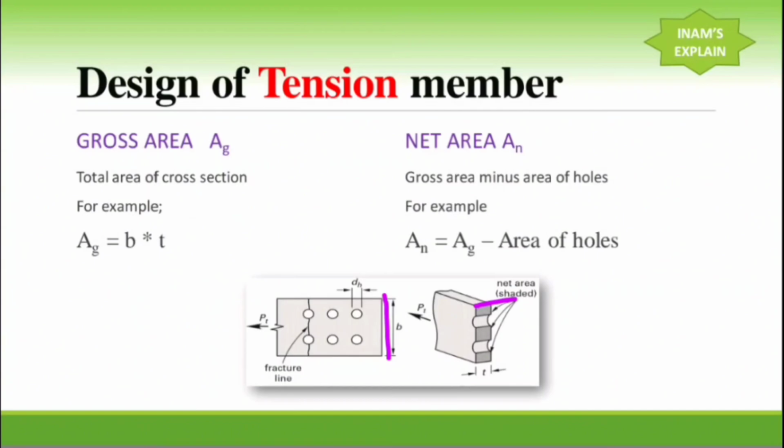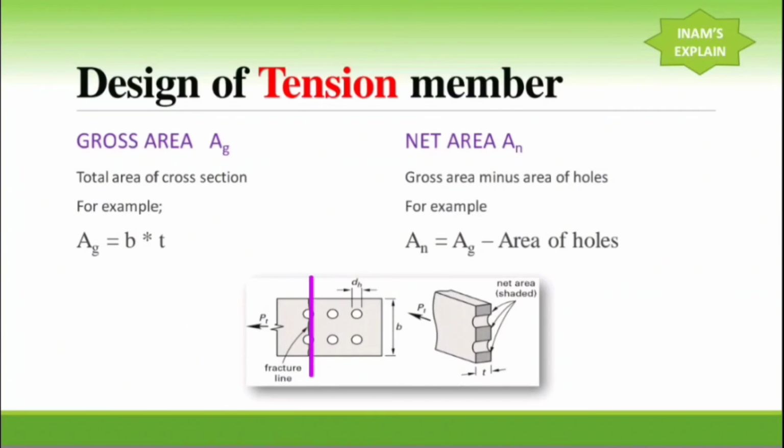So what will be the net area? The net area will be equal to the gross area, meaning the total area, minus the area of holes. If this is a failure plane, maybe the bar fails through these holes, so the net area will be equal to the gross area minus the area of holes. How many holes are in this plane?